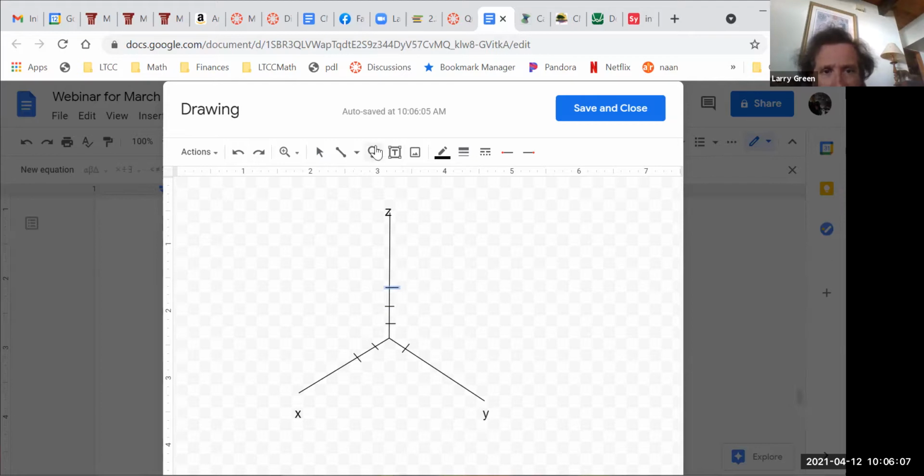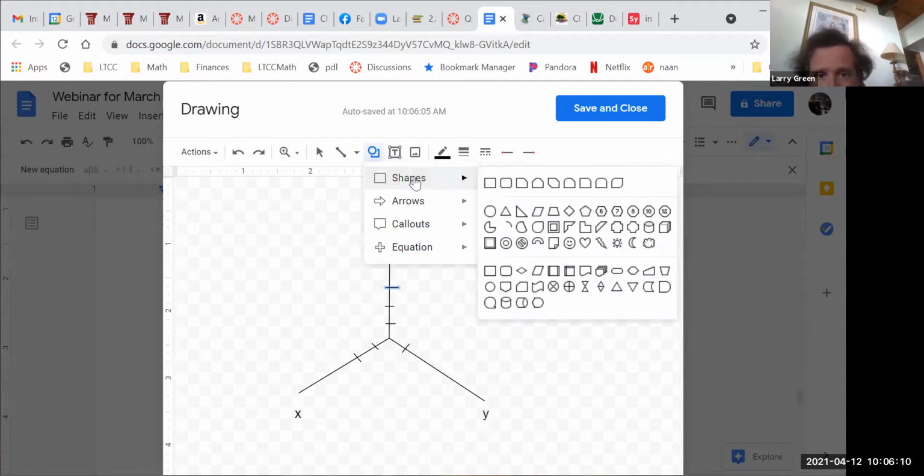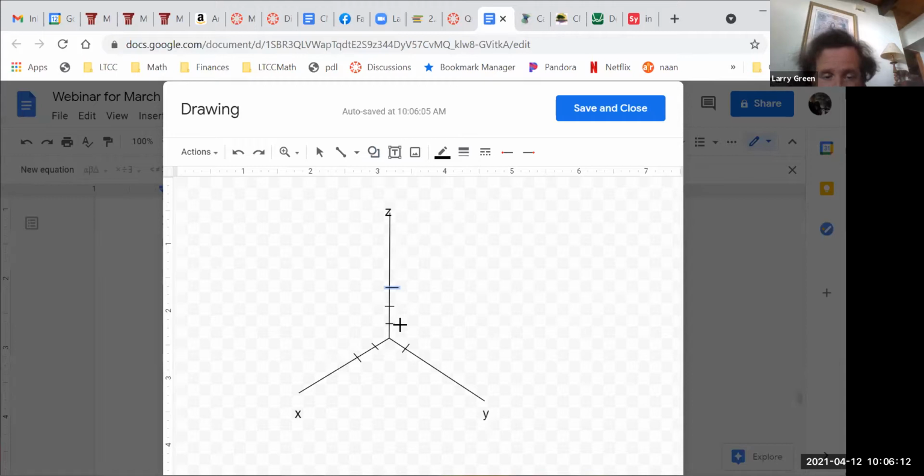And then what I'm going to do is draw the shadow. The shadow will have x coordinate 2, y coordinate 1. So if I go along the x-axis 2, and then parallel to the y-axis 1, I'm going to get this little dot. Let me try again.